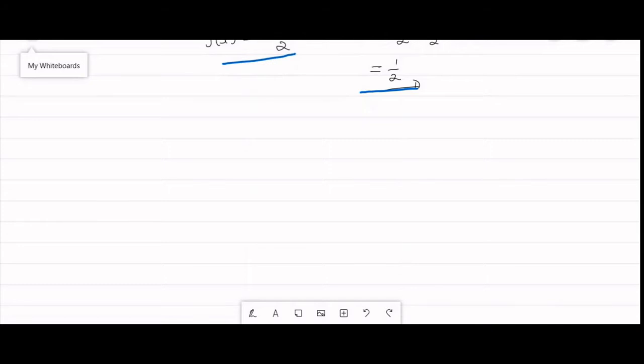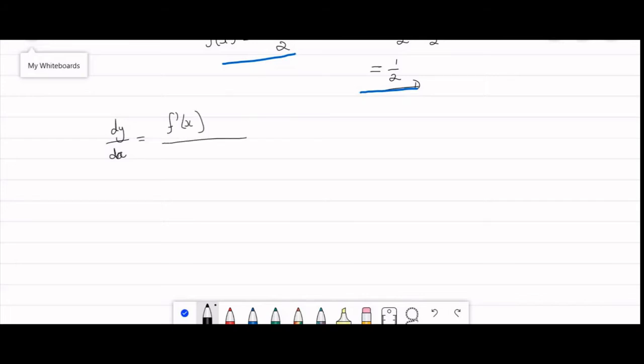We first said that dy/dx is equal to f prime over f at x squared plus a squared if we are differentiating the inverse of tan. So now our f prime x is 1 over 2 and our f at x is (x plus 1) over 2, all squared, plus 1.